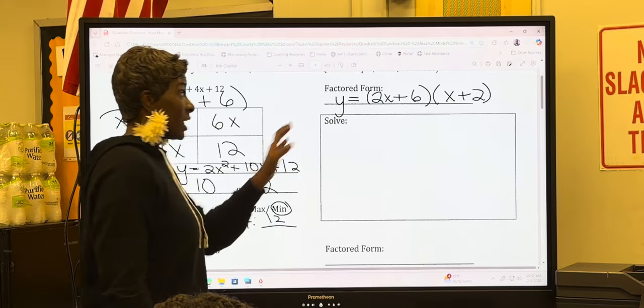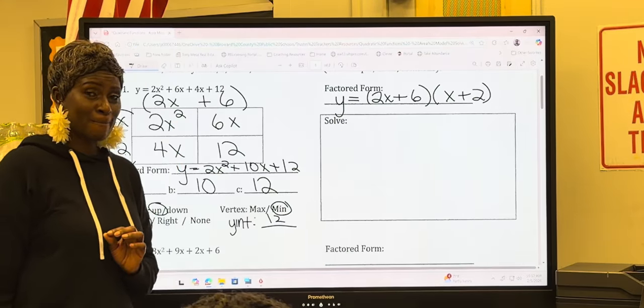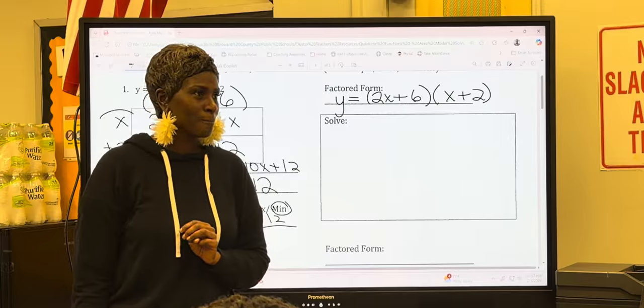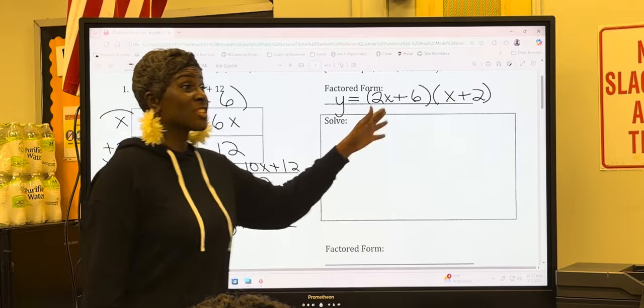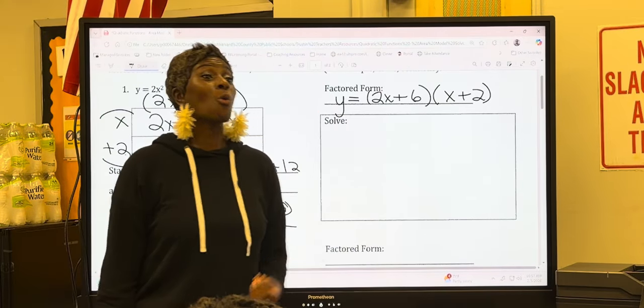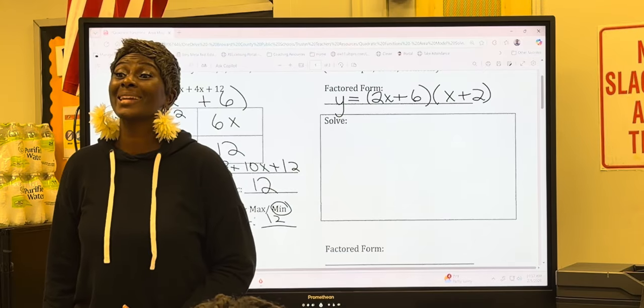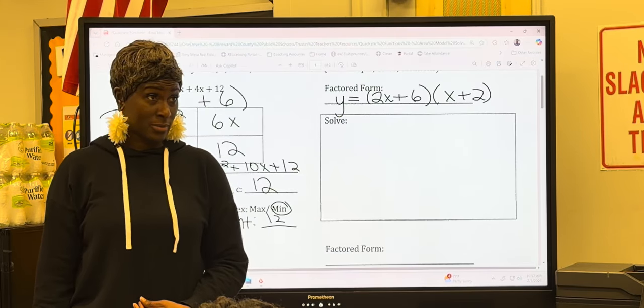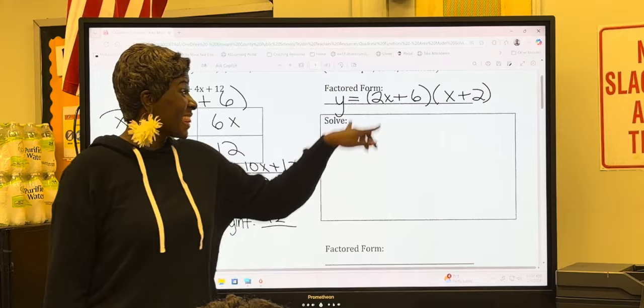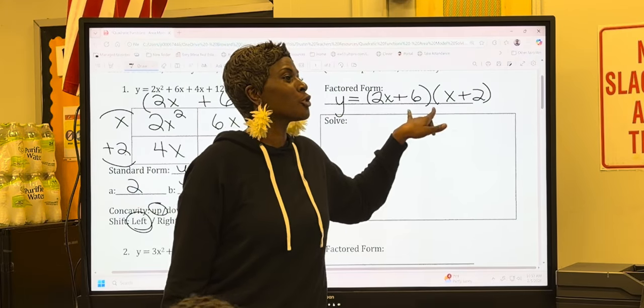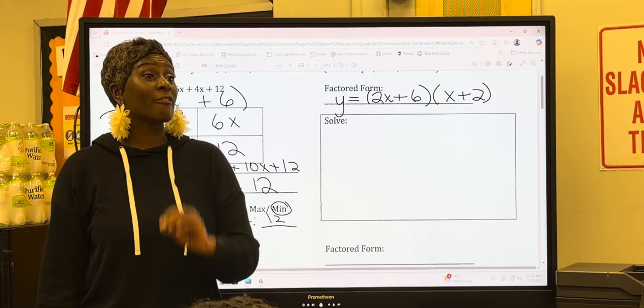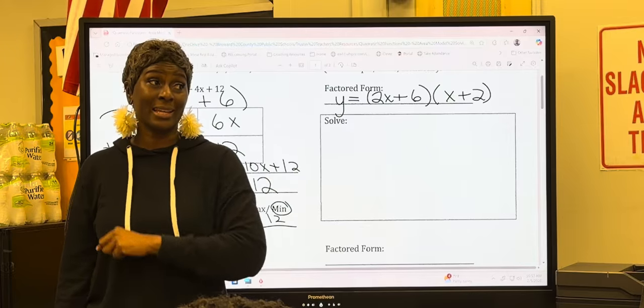Everybody agree? That would be our factor form. Now listen to me carefully. This is factored form. However, it is not factored completely.